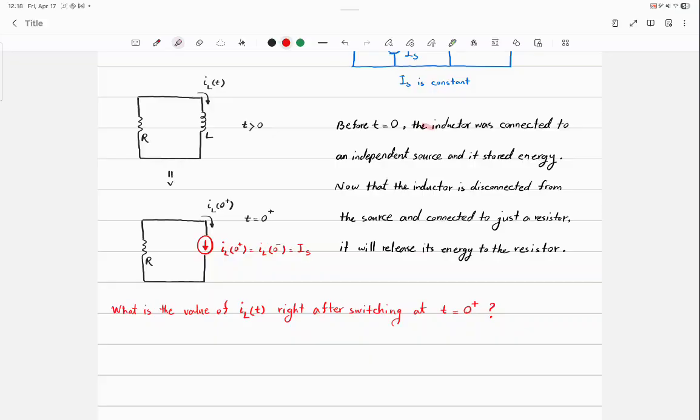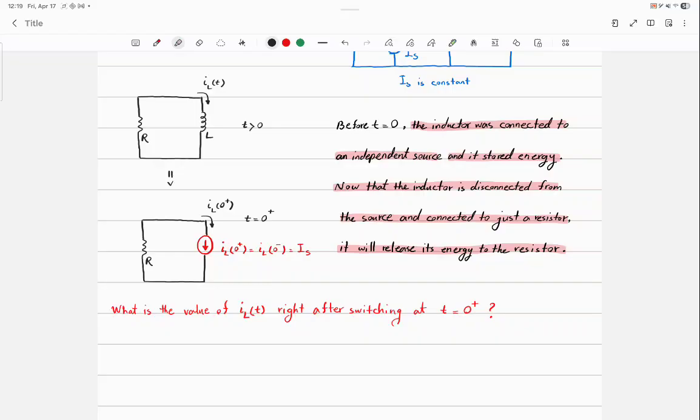So before t equals 0, the inductor was connected to an independent source, and it stored energy. Now that the inductor is disconnected from the source and connected to just a resistor, it will release its energy to the resistor. Okay? We already answered this.